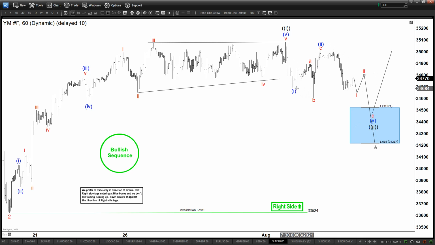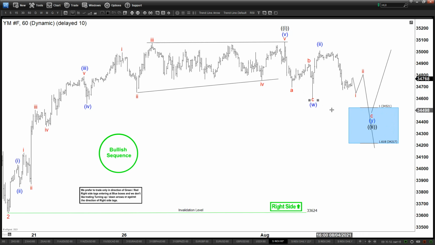So I think the key, and that will be the short-term alternate, is if this is actually a 1 and 2 with an expanded flat in the middle, then we might potentially break outside or below this blue box.